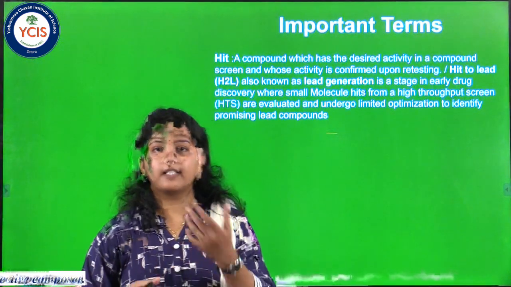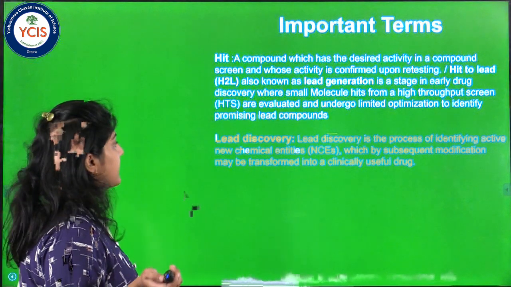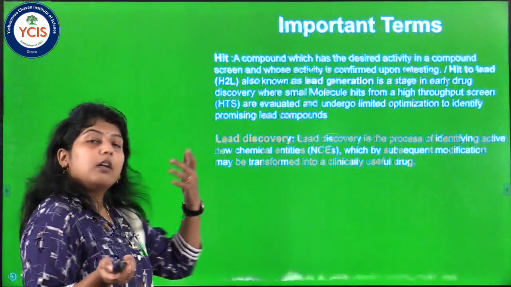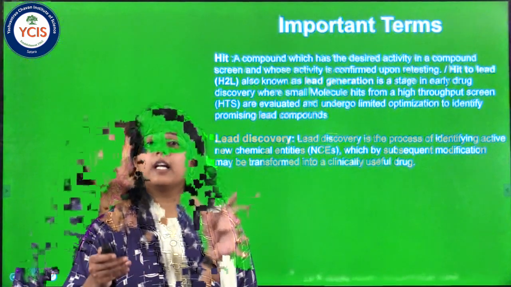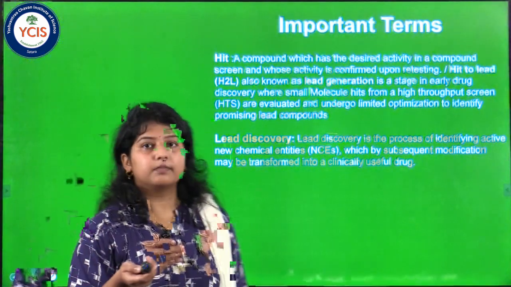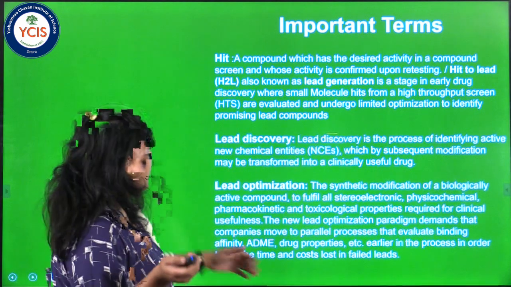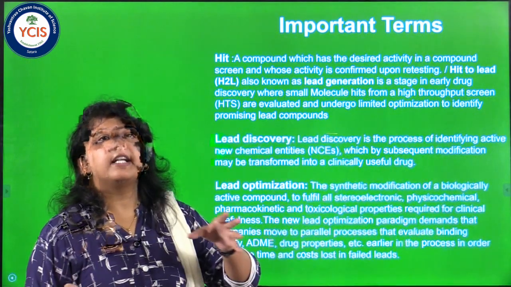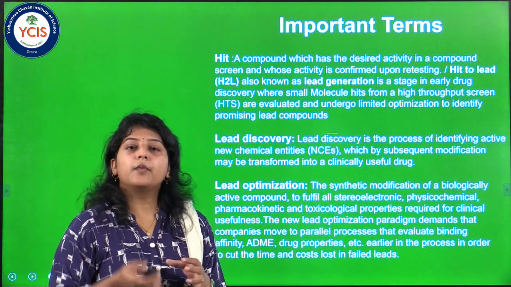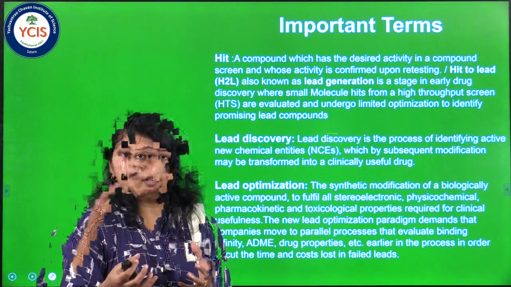Then lead discovery, again with multiple arenas, where you have to find the drug. The lead is an important aspect of the drug. Once we find the lead compound, we have to optimize it so that it binds effectively to the receptor binding site.